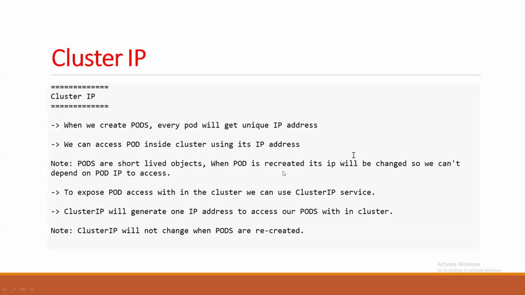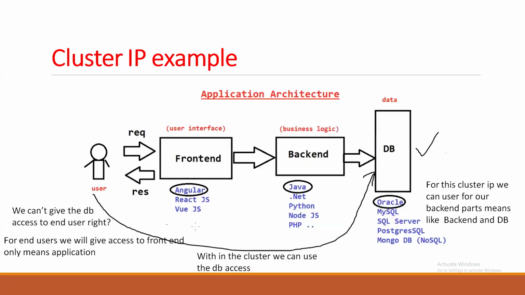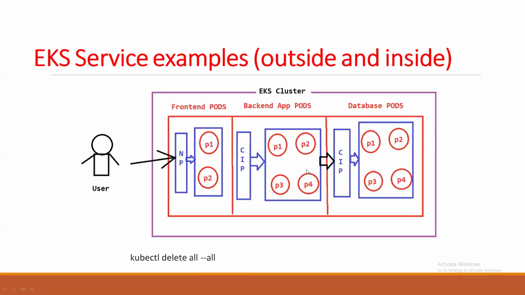When a pod is recreated, its IP will change, so we cannot depend on the pod IP to access. To expose pods for access within the cluster, we can use the cluster IP service. Cluster IP will generate one IP address to access our pods within the cluster. So the cluster IP will not change when the pods are recreated, but the pod IP will change. Cluster IP will not change.